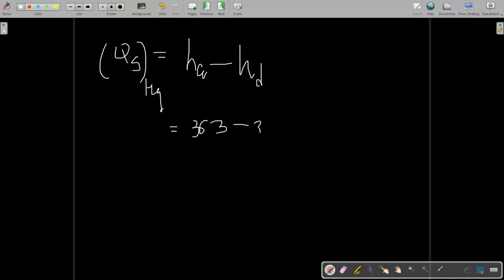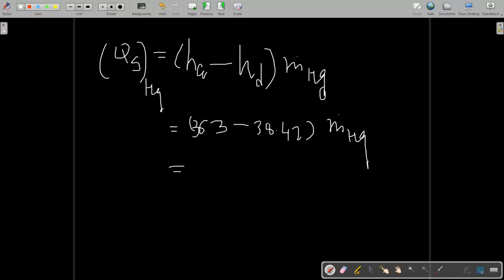So when you solve this, 38.42, and we have to multiply by the mass of mercury, because this enthalpy value is given in kilojoule per kg. So you have to multiply with the mass flow of Hg. When you solve this, you have mass flow of Hg into 324.58.